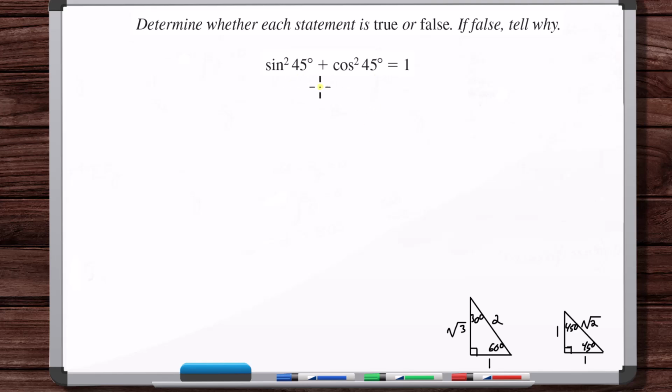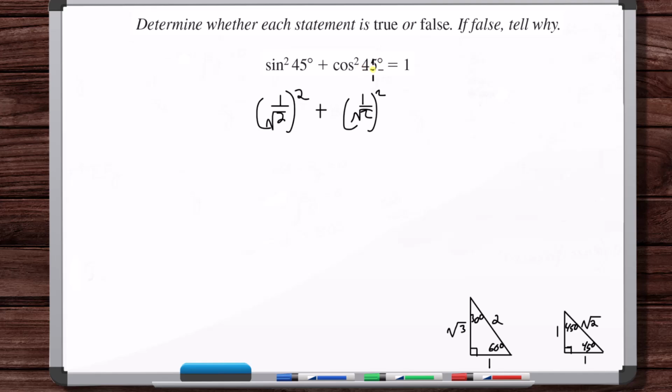Okay. Again, more acute angles. This is easy. What is sine of 45? Opposite over hypotenuse, that's 1 over root 2. Let's just leave it non-rationalized. Cosine of 45 is also 1 over root 2. Well, we know the trig identity, sine squared of theta plus cosine squared of theta is equal to 1.